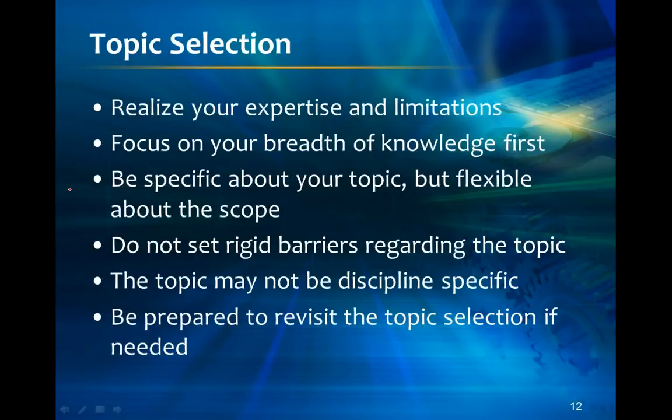You need to realize those things first, that okay, I am good at this, I'm not good at this, these are the things that I know much, these are the things I don't know much, these are the things I'm interested in and I can learn more, these are the ones that I'm not interested in, and so I may not make an effort to learn. So you identify all those things. You basically don't put yourself in a narrow area. Focus on the breadth of your knowledge first.